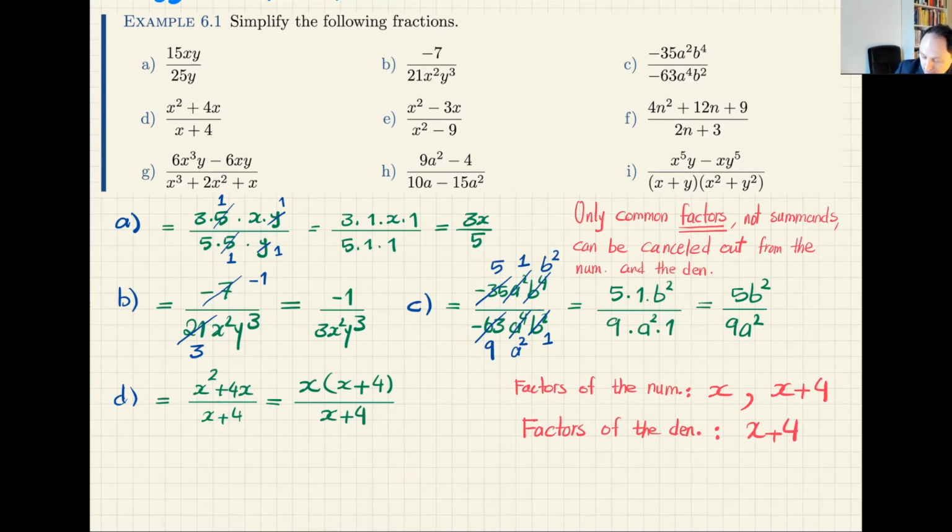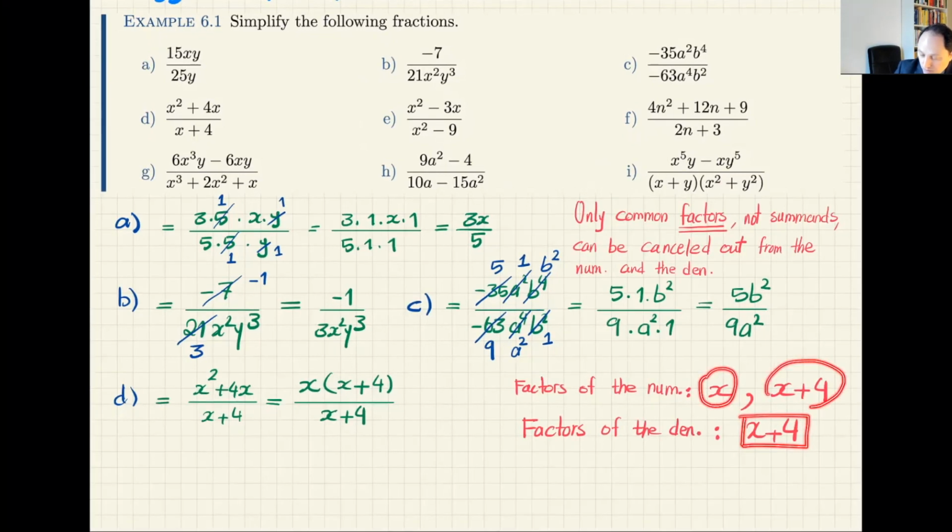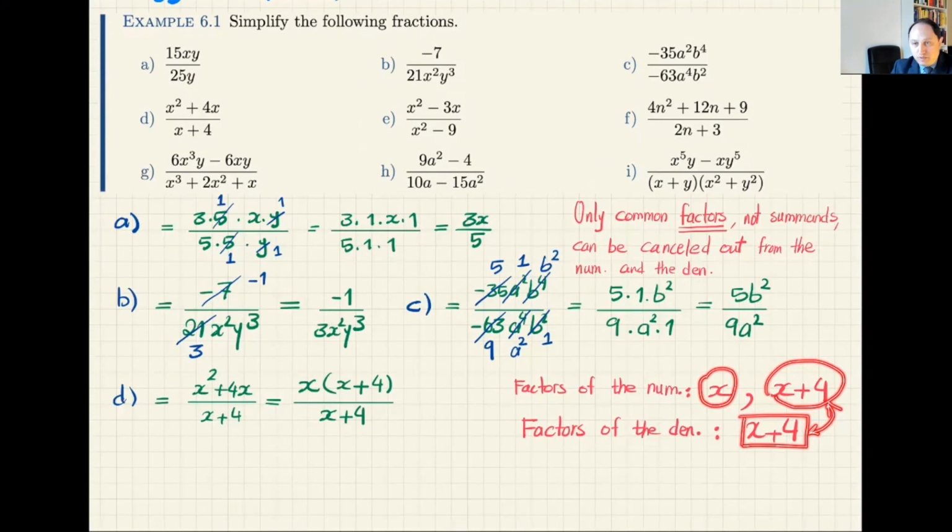Now in this list and in this list, you understand now why 4 and 4 cannot be cancelled. Because if I ask you what are the factors of the denominator, you will tell me this package as a whole is a factor. One of the packages here is this one, the other one is this one. Then you see that the whole package here is in common. This as a whole can be simplified, not individual parts of each one of these factors.